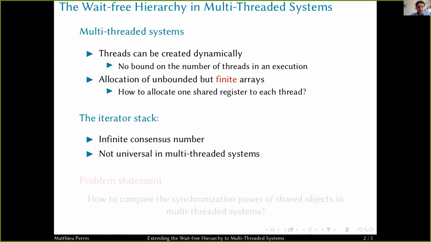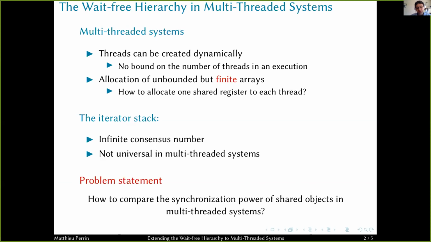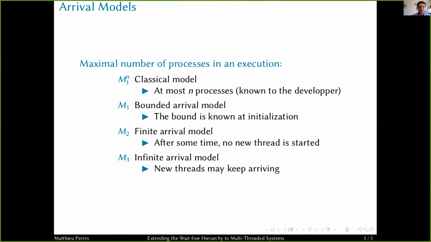Indeed, an object called the iterator stack, introduced by Afek, Morrison, and Wertheim, is not universal in multi-threaded systems, despite having an infinite consensus number. So the question I ask in this talk is how to compare the synchronization power of shared objects in multi-threaded systems.